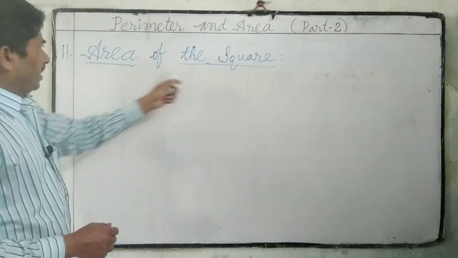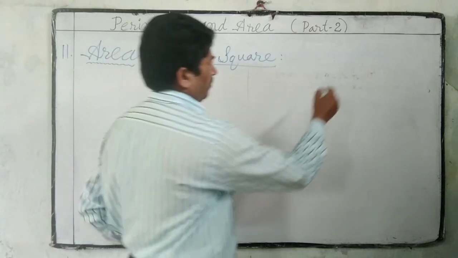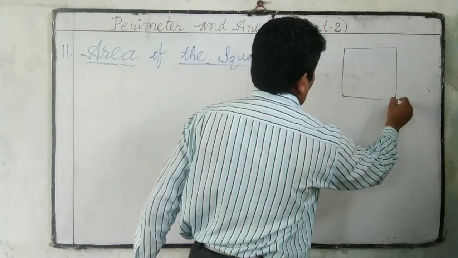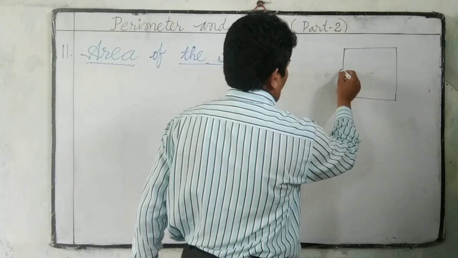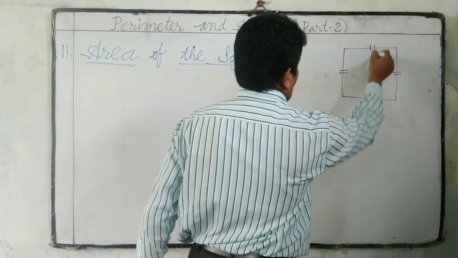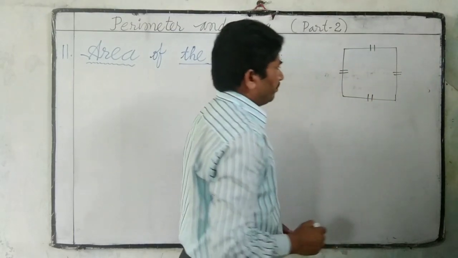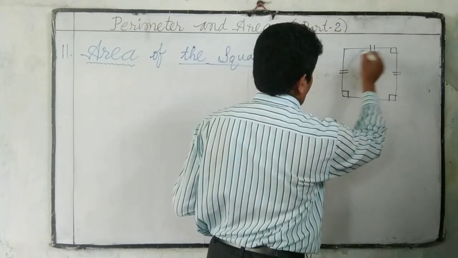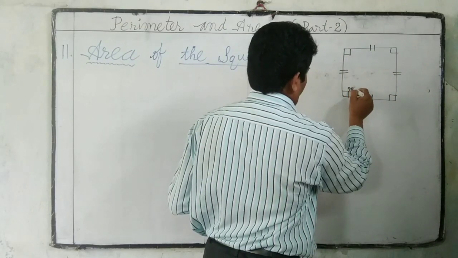Next, area of the square. This is a square. All sides are equal and all angles are also equal, that is 90 degree.